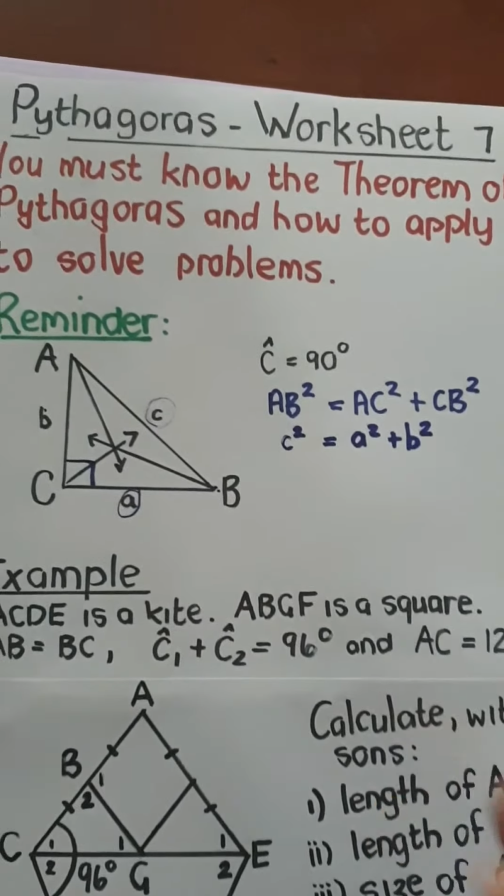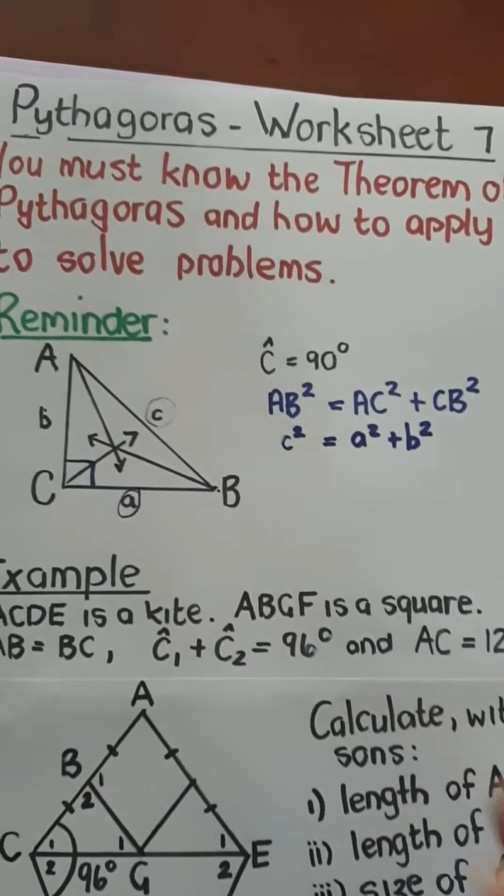So CE squared is equal to 288 centimeters squared, and then to get CE I get the square root on both sides, and I get CE is equal to the square root of 288.